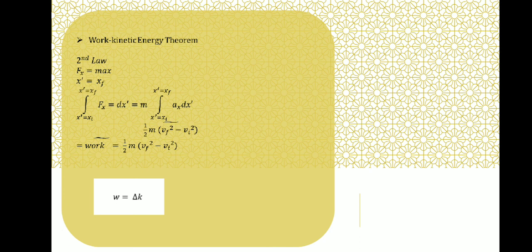Evaluating the values, we get half m vf squared minus half m vi squared. This is the change in kinetic energy. The integral of Fx dx we call the work, and the work on the system is the change in kinetic energy. So this is the principle of work-energy.